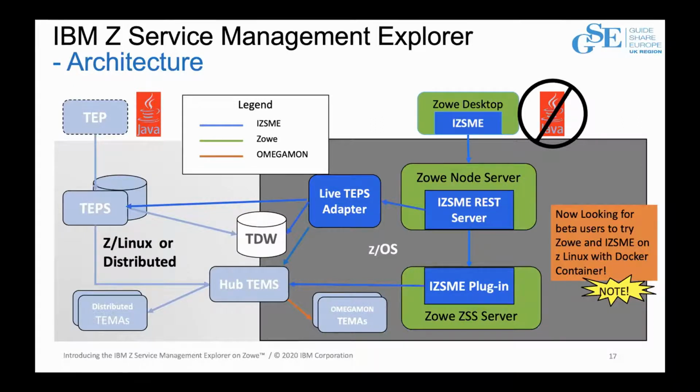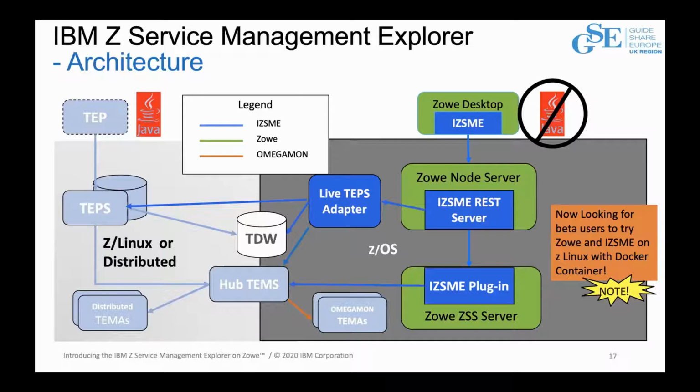So you see here there's a requirement to have a TEPS adapter that connects directly to the TEPS database, because you need to know which users are defined, where the workspaces are, what the workspace definitions are, the presentation layer. So the TEPS adapter will get the information from the TEPS database.